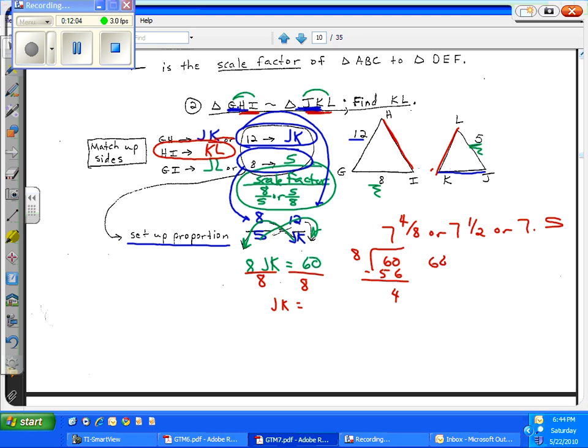If you took the 60 over 8, excuse me, and reduced, you could divide by 4 and you would get 15 over 2. So your optional answers are 7 and 1/2, 7.5, or 15 over 2. Okay?